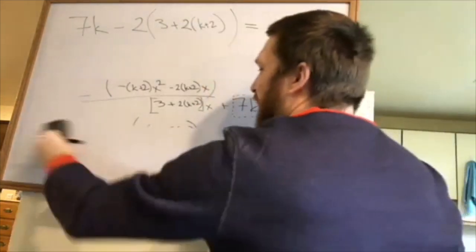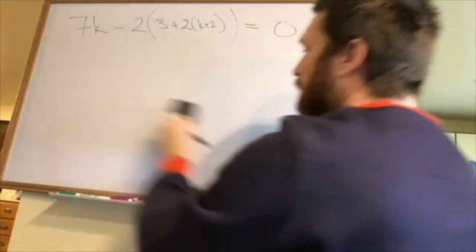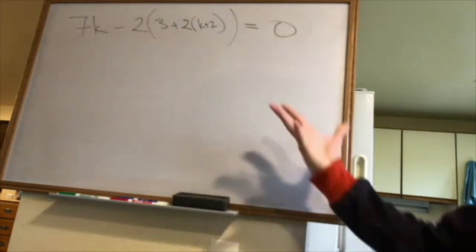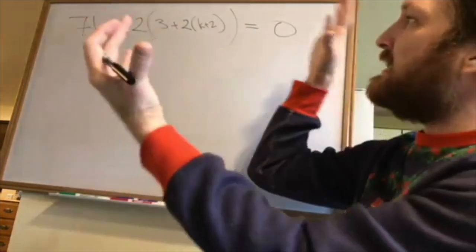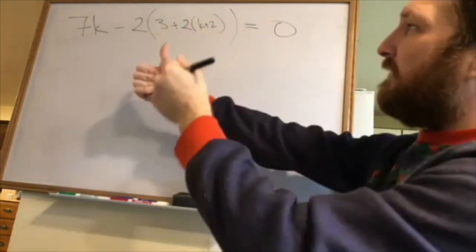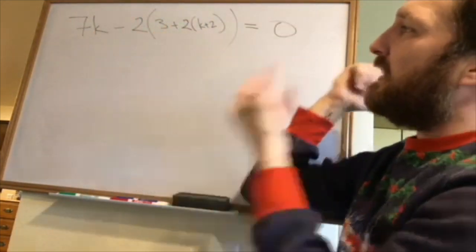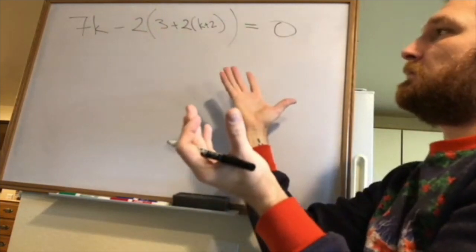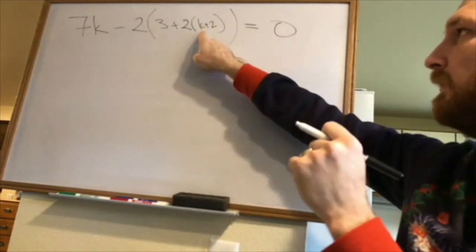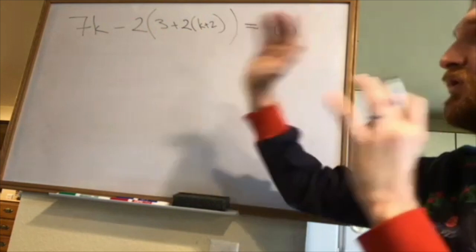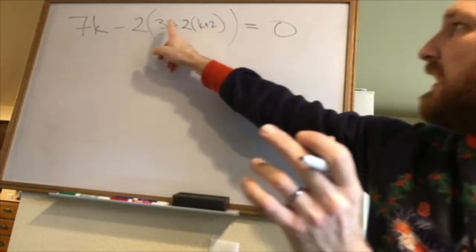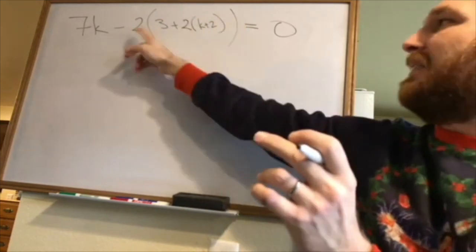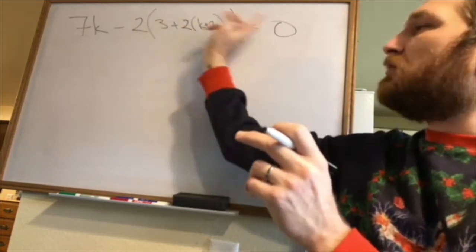So let's just knock this out. Well, it looks like I have k's. If I could group these k's together and get everybody else on the other side, I could solve this equation, right? Because I'm solving for one variable, one equation, it should be solvable. So it looks like I'm going to just go ahead and multiply this whole thing out. Why don't you do that too?